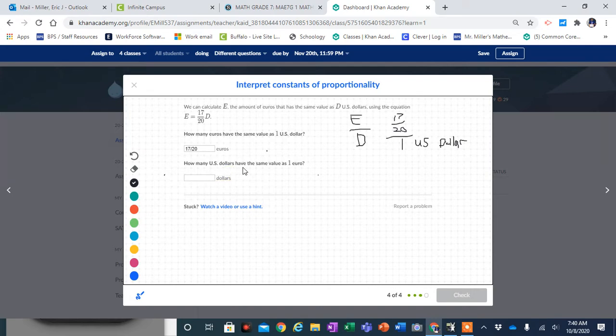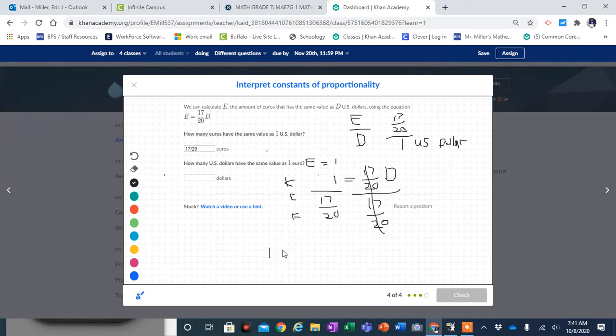How many US dollars have the same value as 1 euro? So 1 euro means that E would be equal to 1. So 1 equals 17/20 times D. Then you would have to divide by 17/20, which means you would do keep, change, flip.